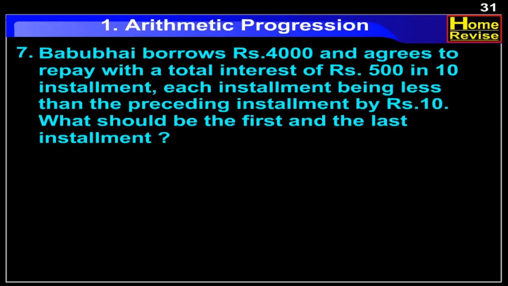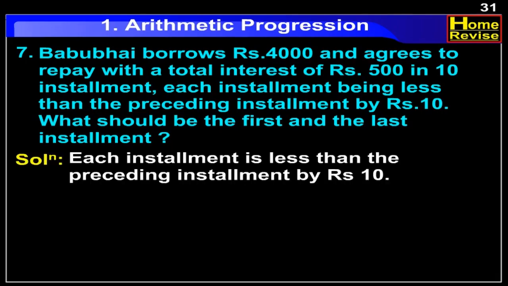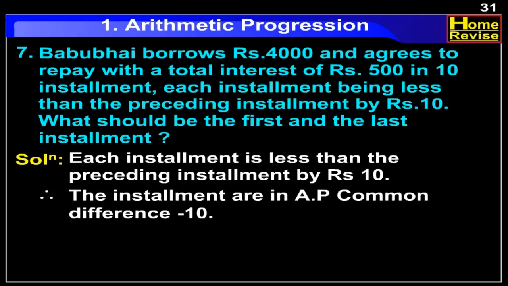What should be the first and the last installment? Solution. Each installment is less than preceding installment by rupees 10. Therefore, the installments are in arithmetic progression with a common difference minus 10.